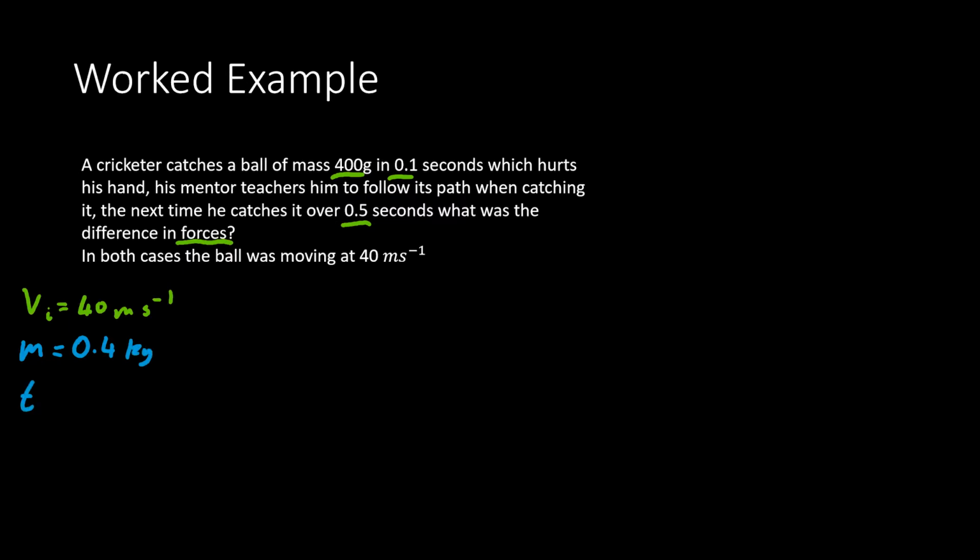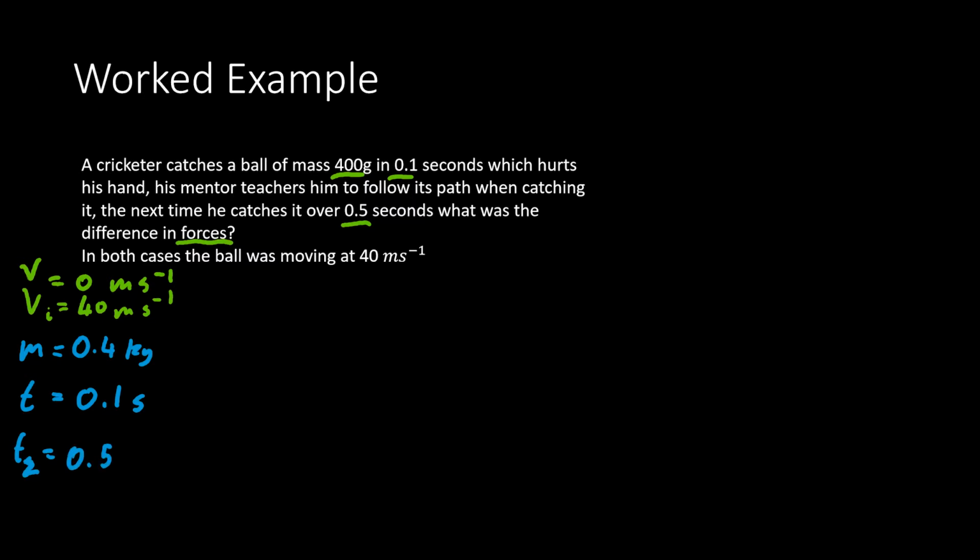Our final velocity, though, is going to be equal to 0 meters a second. It's come to rest, he's caught it. Now the time for the first situation is equal to 0.1 seconds, and the time in the second situation, so time 2, is equal to 0.5 seconds.